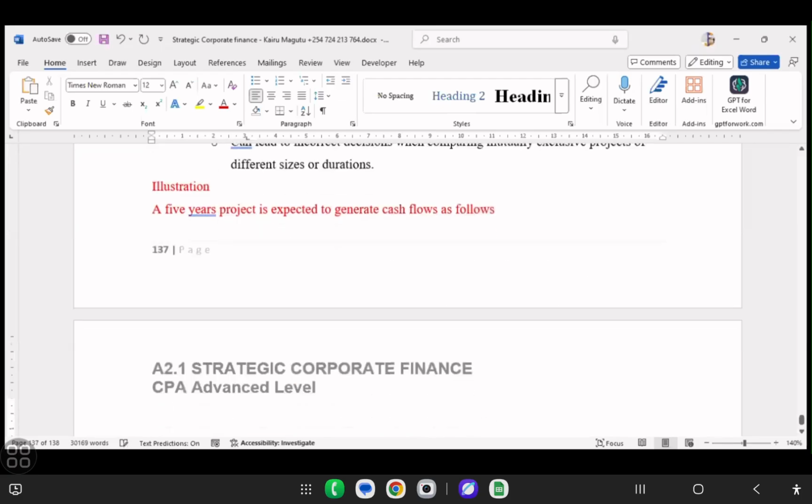Just remove your calculators. Years 1, 2, 3, 4, 5, 6. Let me call it a 6 years project. A 6 years project is expected to generate cash flows as follows.